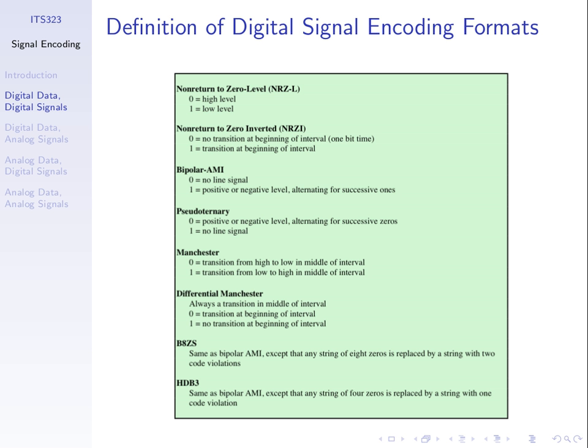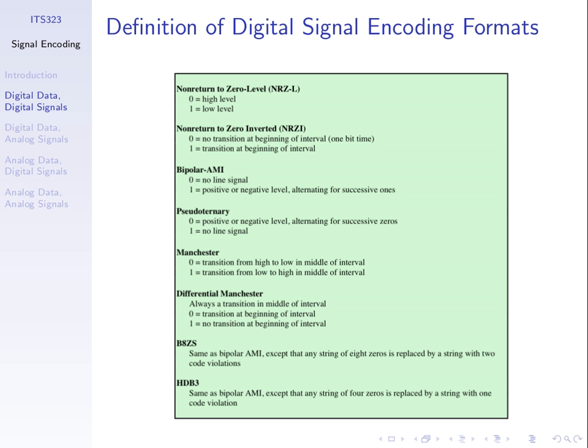Another bit 1, previous bit 1 was high, this one will be low and high. Bit 0, 0 volts. Bits 1 alternate, high, low, high, low, high, low, and so on. Assuming the first bit 1 has to be, in this case, at high.